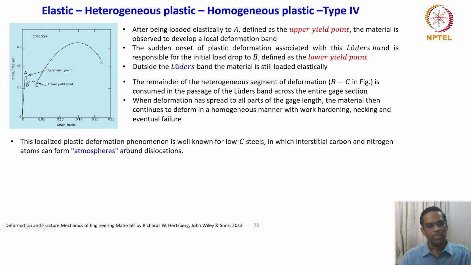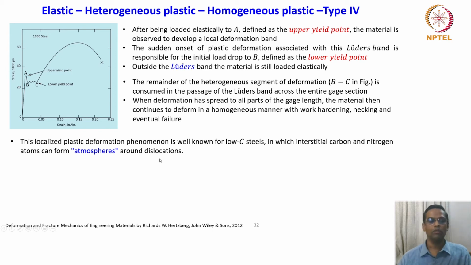This localized plastic deformation phenomenon is well known for low carbon steels, in which the interstitial carbon and nitrogen atoms can form atmospheres around the dislocations.